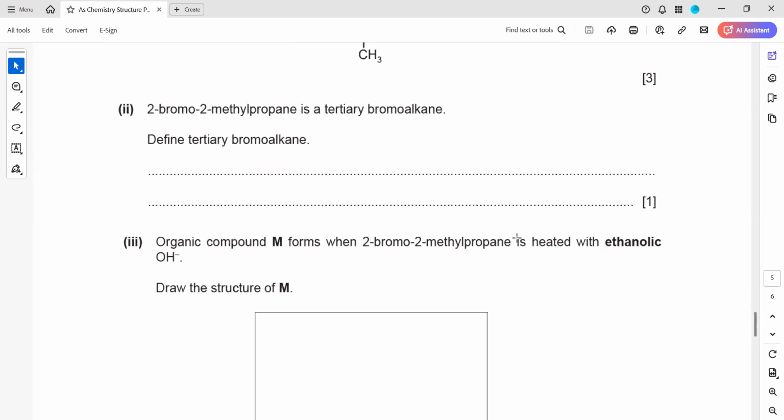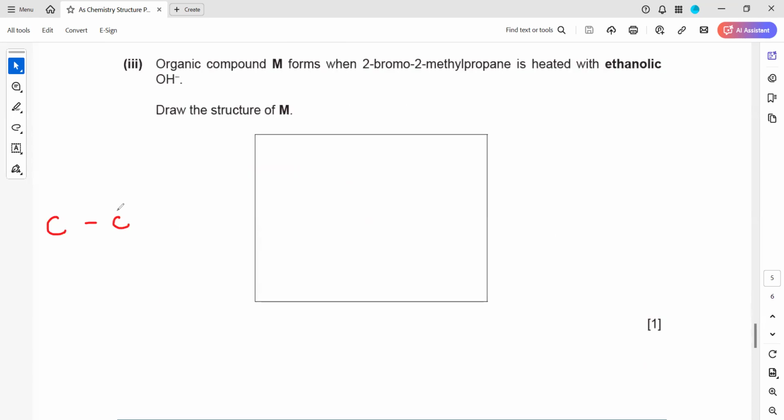So if we have 2-bromo-2-methylpropane, this is the structure. As a result, what will happen? The bromine will be lost from the carbon, and one of the hydrogens will be lost, either on the right or on the left, or from this one.